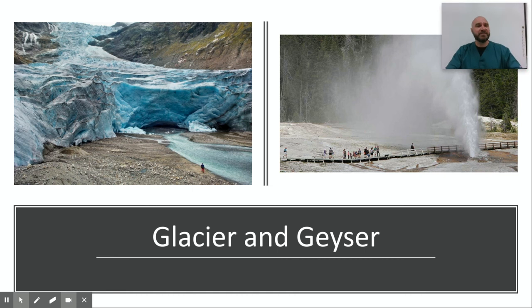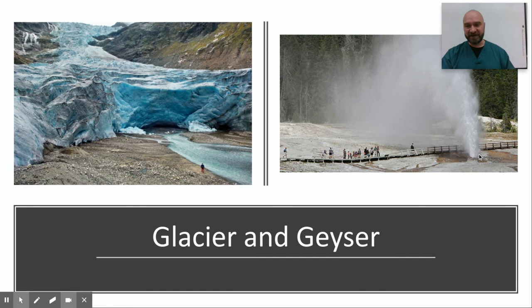All right. Another thing that is going to be in your book is a question about the similarities and differences between a glacier and a geyser. And in the past, I've had students that didn't know what either of these were, so let's take a look. A glacier is a giant piece of ice, and they tend to kind of slowly move. Now, to give you an idea of how big this is, there's a guy right there, okay? So that is a giant slab of ice.